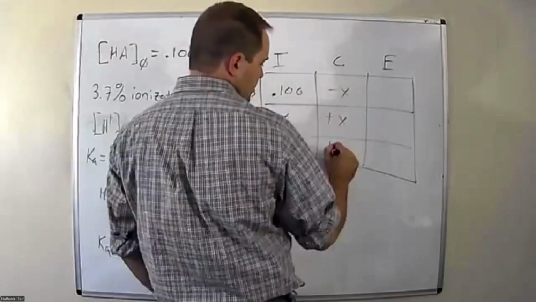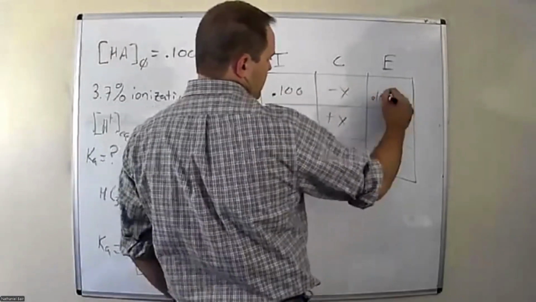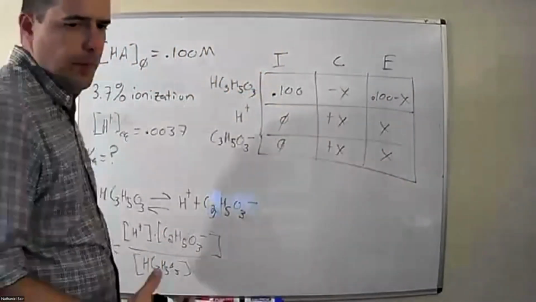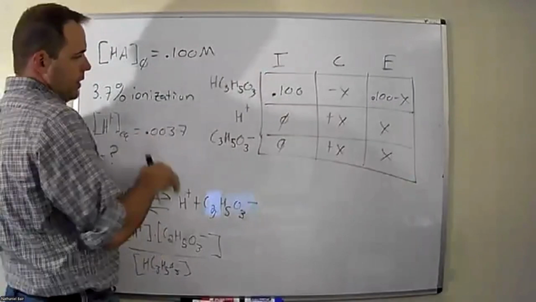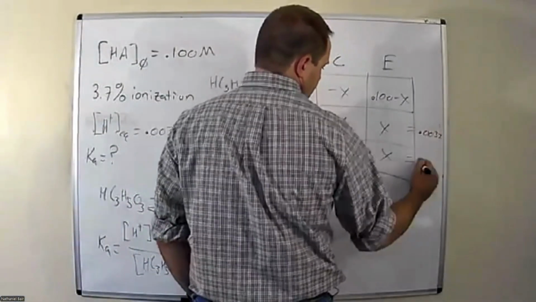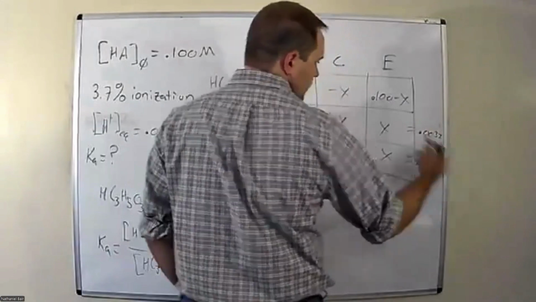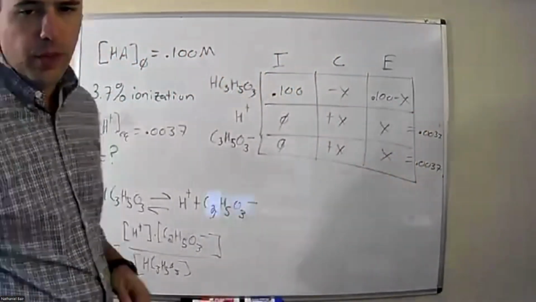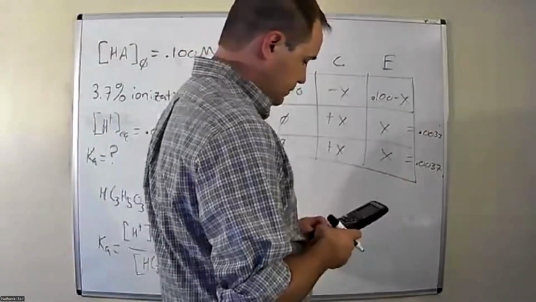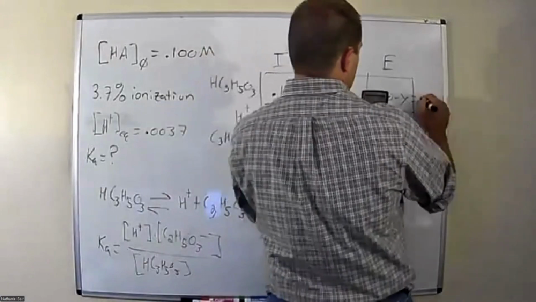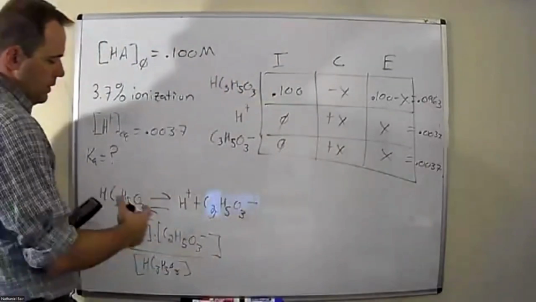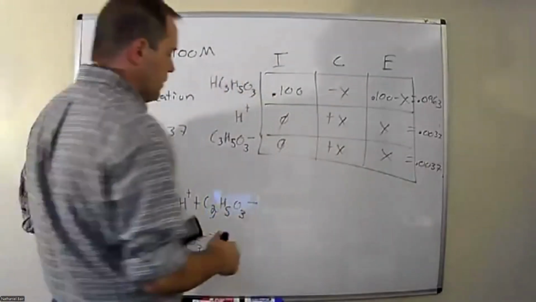That goes down by X. These go up by X. That's 0.100 minus X, that's X, and that's X. And here's the nice thing now: because we solved for that equilibrium H plus ion concentration, we know what X is. It's 0.0037. So now we can get the equilibrium lactic acid concentration as 0.0963. And now we can plug all this into the mass action expression and solve for that Ka value.